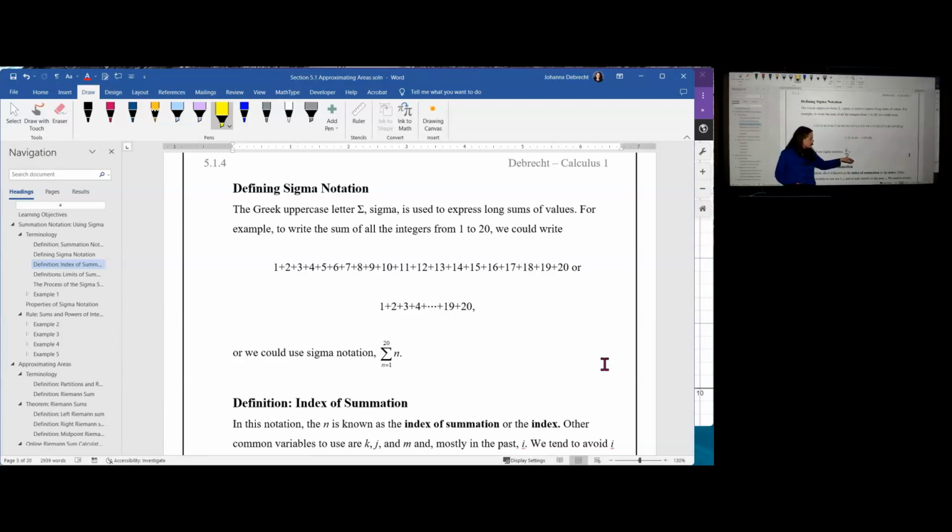When we start here, this means take the number 1 and add it to, iterate one time, let n be 2, iterate again, let n be 3, all the way up to 20. In other words, the value of the index is changing by 1 each time. We're substituting it into the summand and adding the results of all of those together. We stop when we reach the value of the upper number.